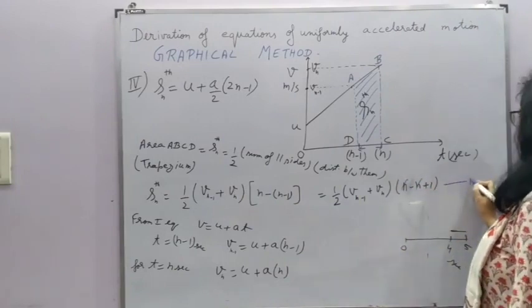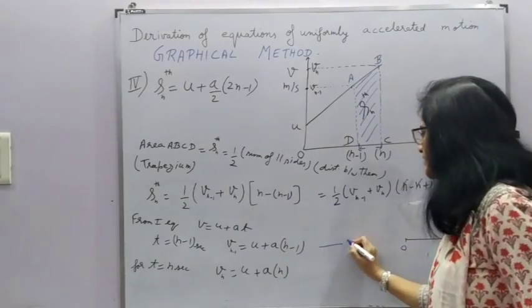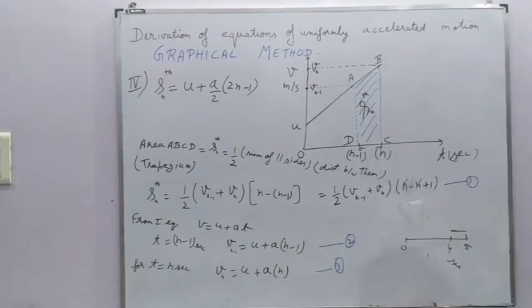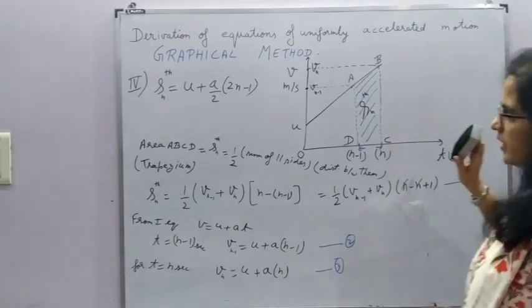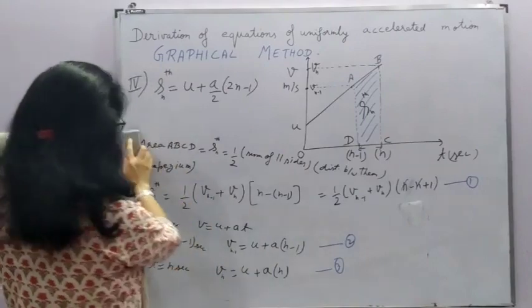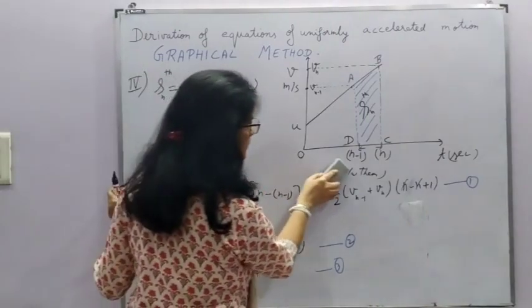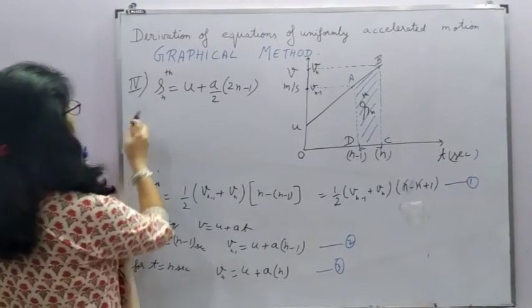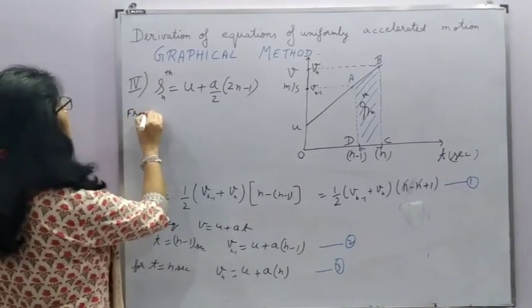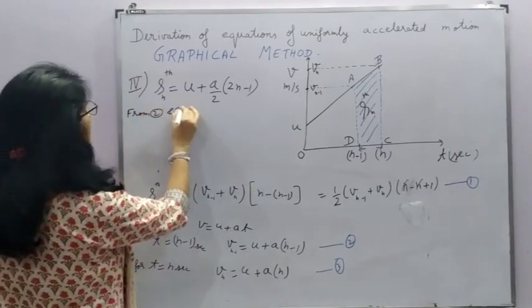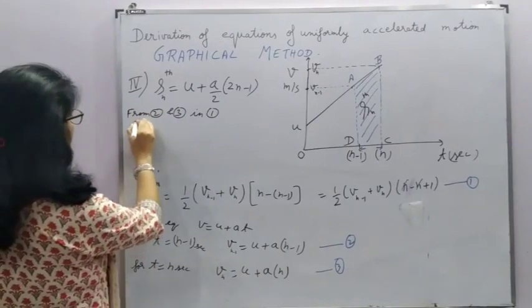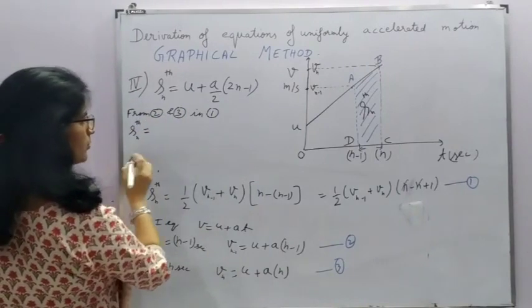So let's mark this as equation 1 and this as 2 and this as 3. Let's put the values from 2 and 3 in 1. So S nth is equal to half.